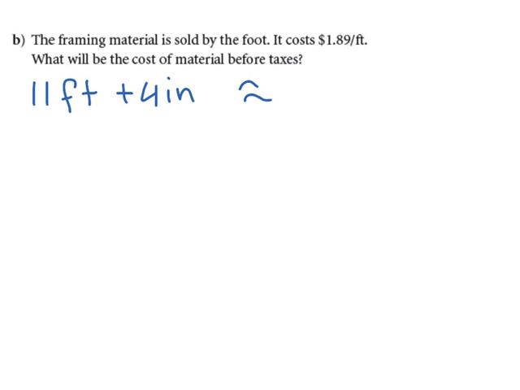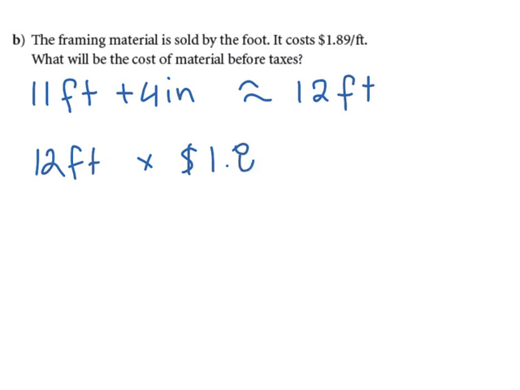It's very important that you understand this unit analysis. We're going to use that unit analysis to find out how much money we are actually going to be spending. We know that we have 12 feet of material, and the ratio is $1.89 per 1 foot, and we want to find out the cost in dollars. Notice the setup.